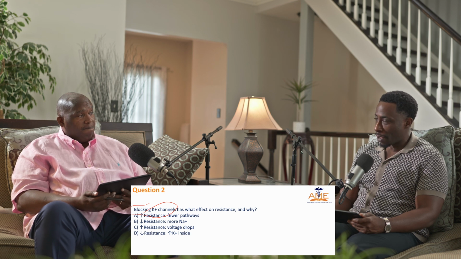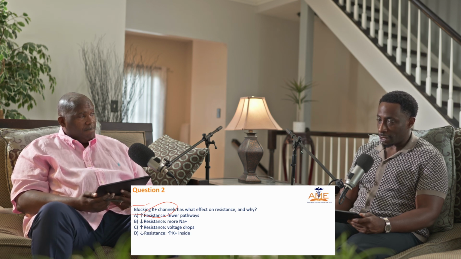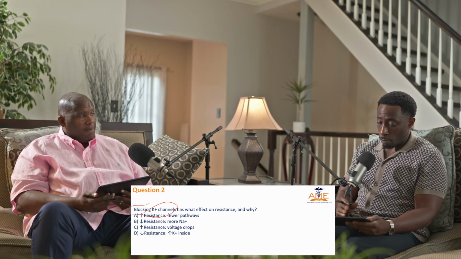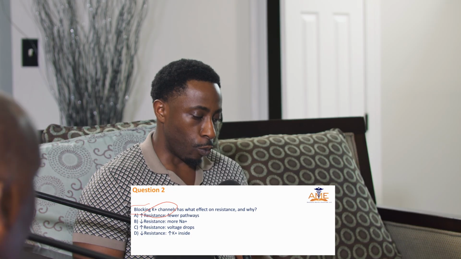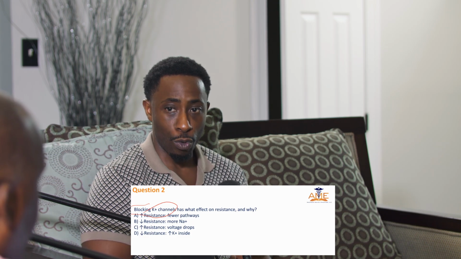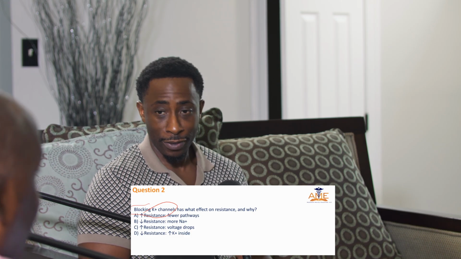So does the resistance go up? Now, look at this, though. It says, what effect on the resistance? Is that the resistance for the channel or the resistance for the membrane? I think it's talking about the overall membrane, because if we're talking about blocking the channel and it's asking about resistance for the system, it would make sense that if you continue to block ways in which ions can move and traverse the cellular membrane, you increase resistance. That's right, because there's no way to get through the membrane, right?